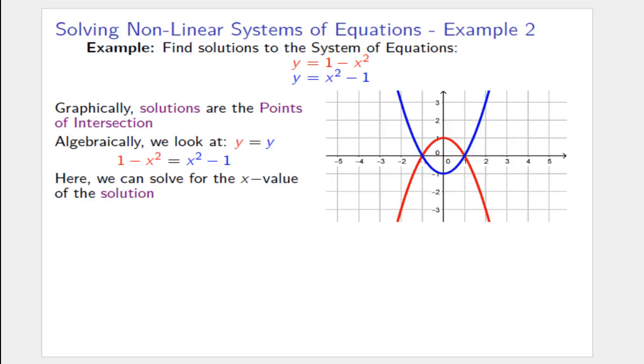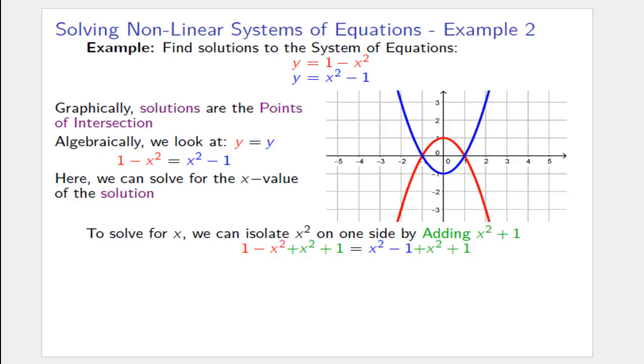And now here we have a quadratic equation which we can solve for the x value of the solution to the system. To solve for x, we could get 0 on one side and use the quadratic formula, or we can isolate x squared on one side by adding x squared plus 1 to both sides, giving us 1 minus x squared plus 1 equals x squared minus 1 plus x squared plus 1, which on the right reduces to 2x squared because negative 1 plus 1 is 0, and on the left reduces to 2 because negative x squared plus x squared equals 0 as well.